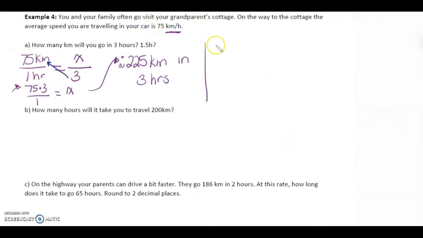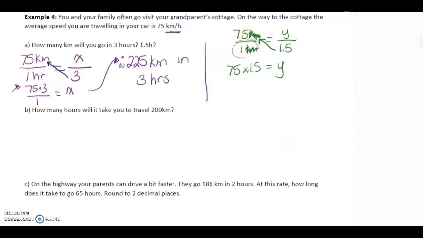Okay, and what about 1.5 hours? So again, start from the original, 75 kilometers in 1 hour. And that's going to equal some number, let's call it y number of kilometers in 1.5 hours. So we can go ahead and leave out, again, kilometers an hour. We can cross multiply, so we get 75 times 1.5 equals y.